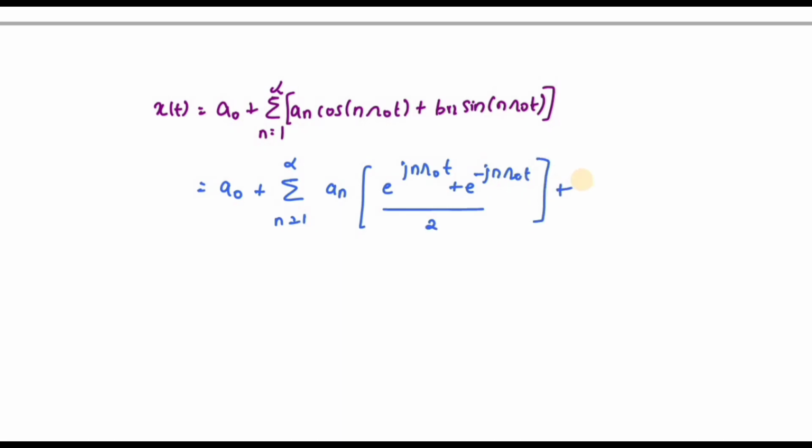Plus bn, which I can write as e power j n omega t minus e power minus j n omega t divided by 2j. Okay, so this is the formula.